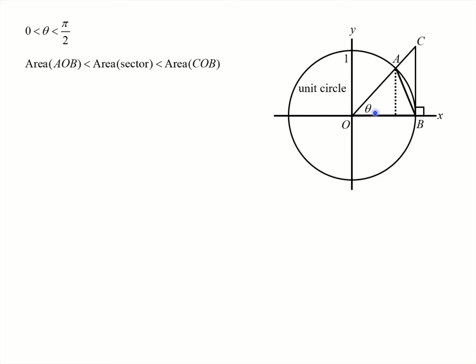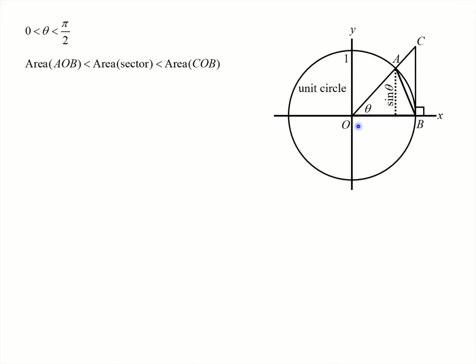The hypotenuse is 1 because it's a unit circle. So sine of theta is opposite over hypotenuse, or we could just say opposite over 1. The sine of theta of that little triangle is the opposite. So this opposite side can be labeled sine theta, and that's what I'm going to do.